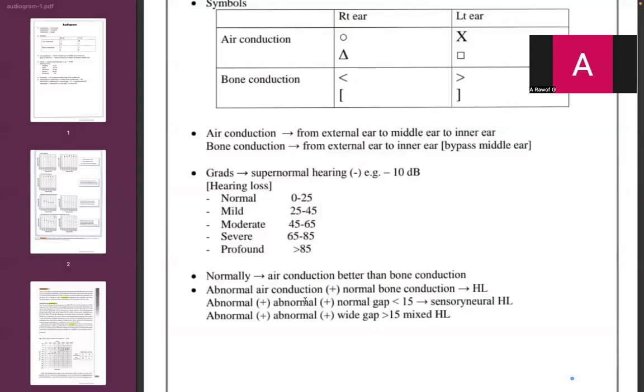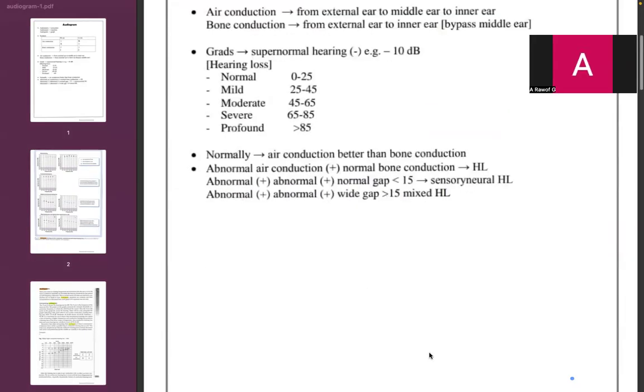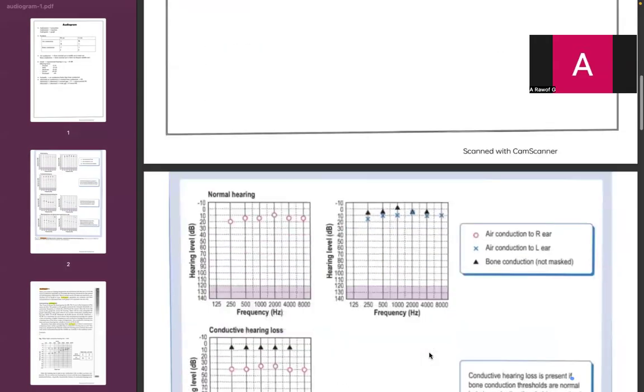Abnormal air conduction plus normal bone conduction is conductive hearing loss. Abnormal air conduction and abnormal bone conduction, and the gap is less than 15 decibels, is sensory neural hearing loss. Abnormal air conduction, abnormal bone conduction, but a wide gap of more than 15 decibels is mixed hearing loss.